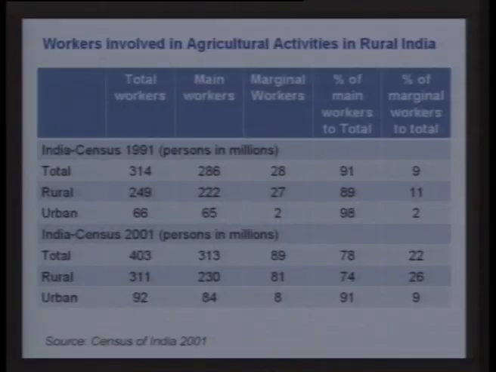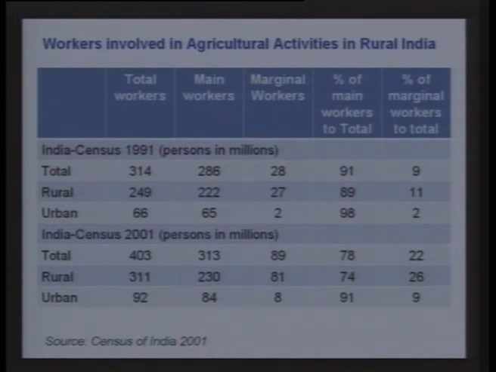Coming to the workers engaged in agricultural activities in rural India, if we try to understand, we find that the number of workers has increased over the two decadal periods, that is the 1991 census period and the 2001 census period.